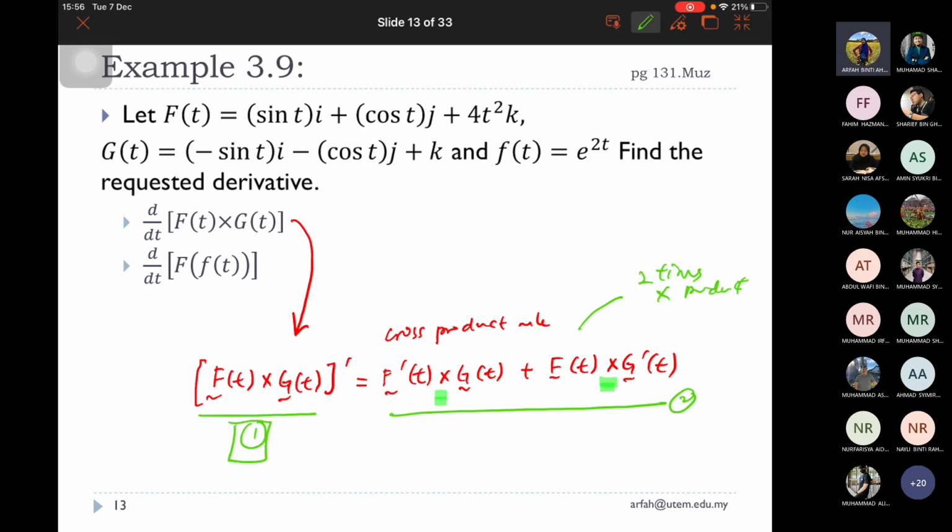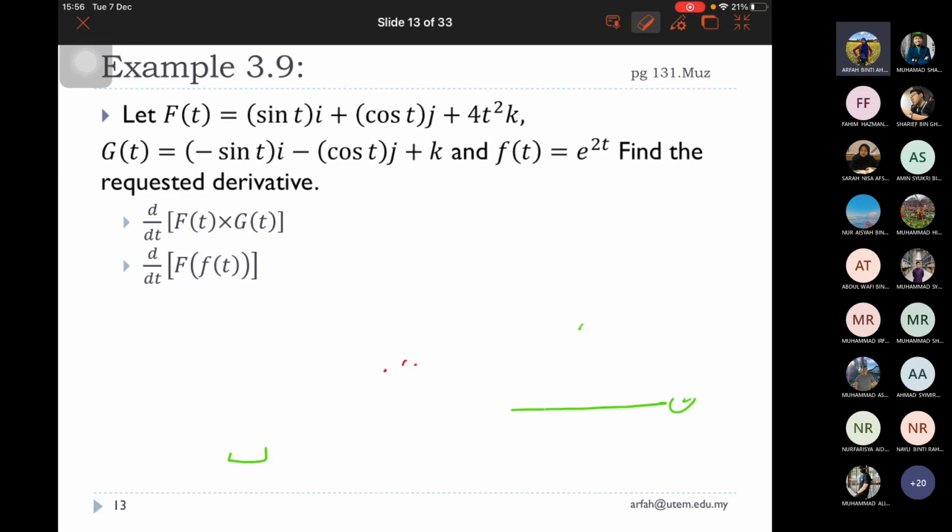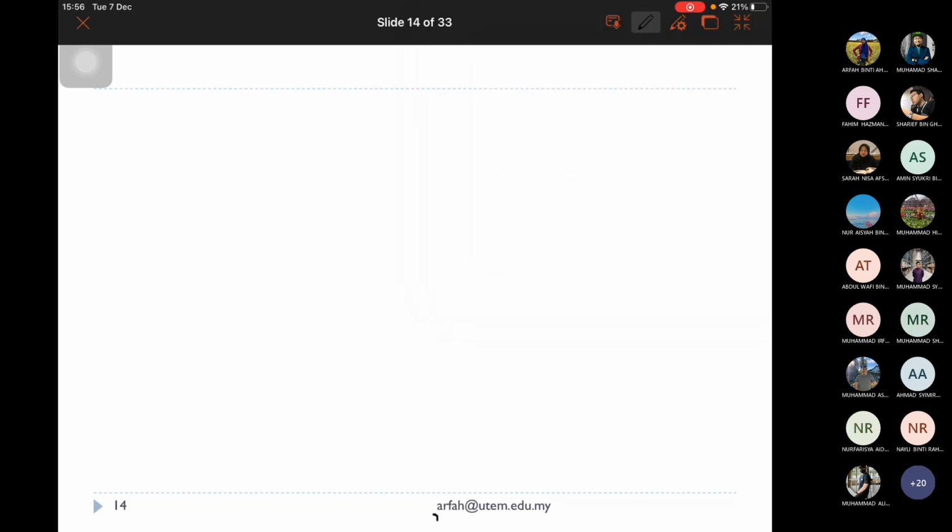Kalau nak guna cara kedua ni boleh gunalah. So for me, memang cara pertama directly awak cross product and then dah bezakan, that is much more simple as compared to using the rule. So for this one, kita akan guna direct derivative. Okay, awak ada f(t) is given by that function. Let's try this one.